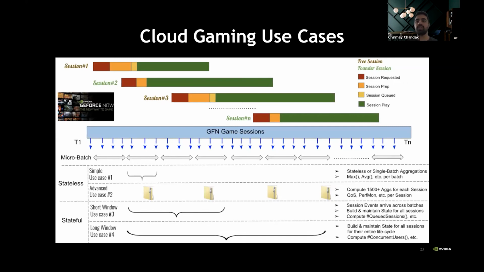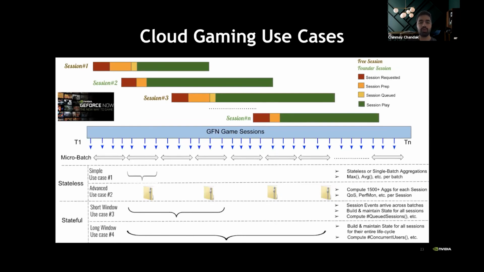It's going to have a session requested time where a user wants to play a game and has just requested the resource. There is a session preparing time where you need to prepare the seat on the cloud. There is a session queue time where the user is queued. There might be other users in the cloud and they're waiting in the queue. And there's a session playtime as well, which can range from a few minutes to a few hours.